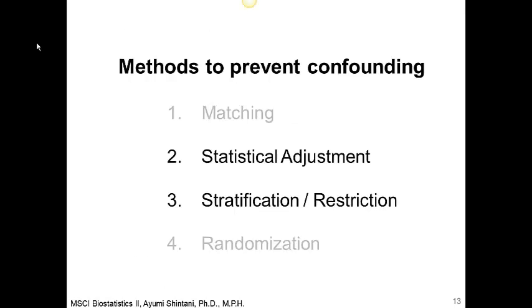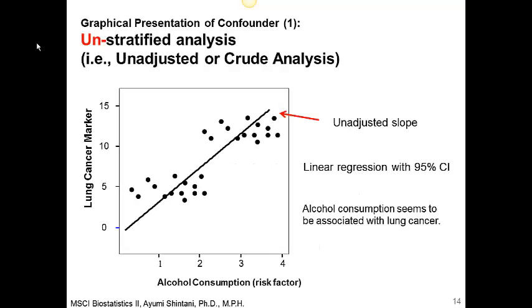In the next slide, I'm going to talk about the relationship between statistical adjustment for confounding versus stratification. This is unstratified analysis. Unstratified analysis, I sometimes use the words unadjusted or crude analysis. In unstratified analysis we analyze data using the entire data set, so we don't split by subgroup.